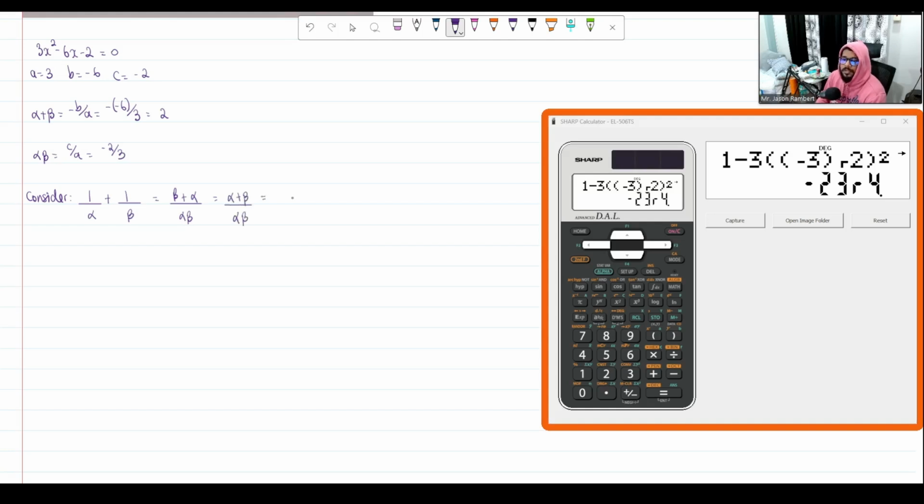I know what alpha plus beta is, that's 2. And I know what alpha beta is, that's minus 2/3. This is 2 multiplied by minus 3 over 2. Bam, bam. And I'm going to get minus 3 to be 1 on alpha plus 1 over beta. Easy four marks.